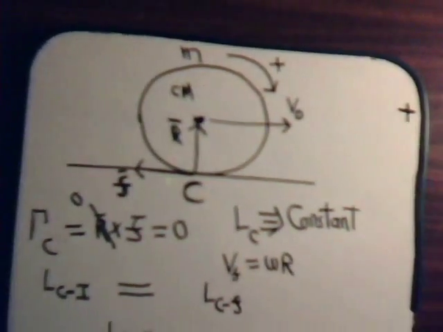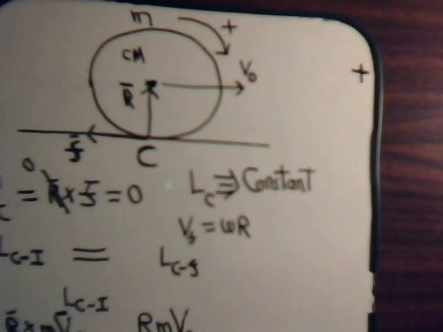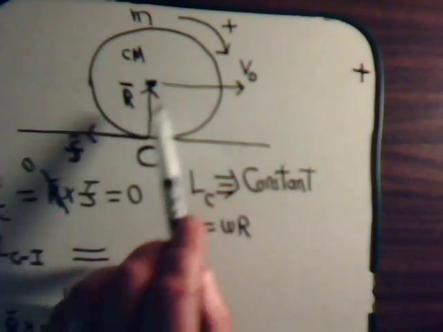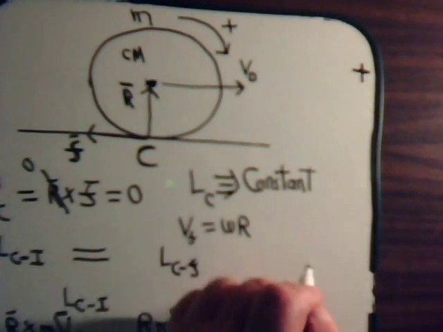So we'll consider that to be positive. Now, the angular momentum of the center of mass with respect to point C is r cross mv. R is up.